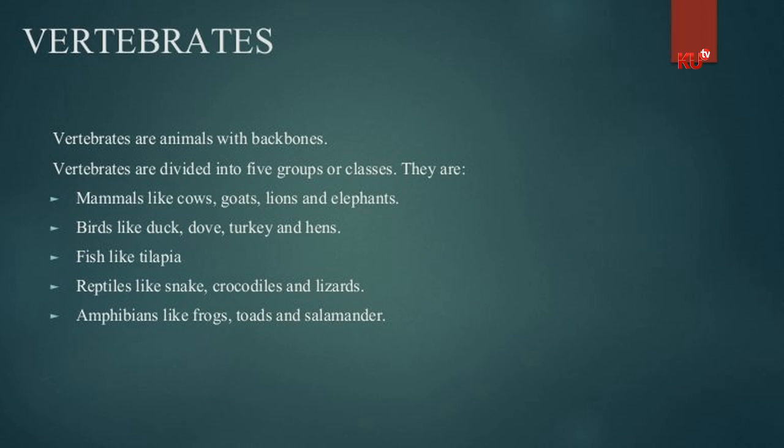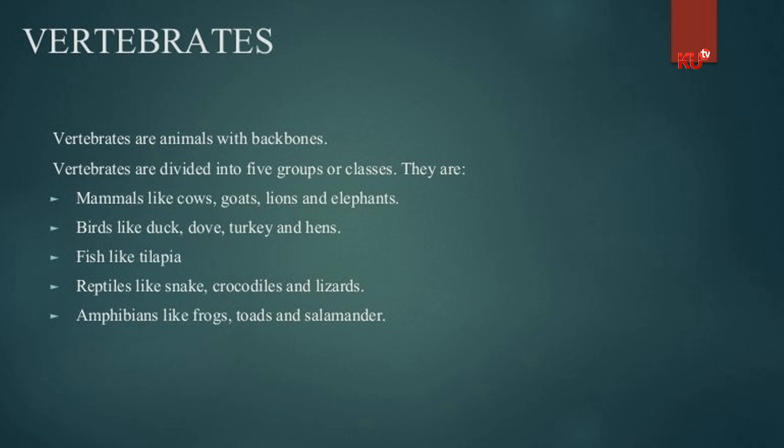Category number 3 of vertebrates, as we learned in grade 5, is the fish. Examples of fish, we have tilapia and many others like trout, and those commonly known as omena. We have others like mudfish.